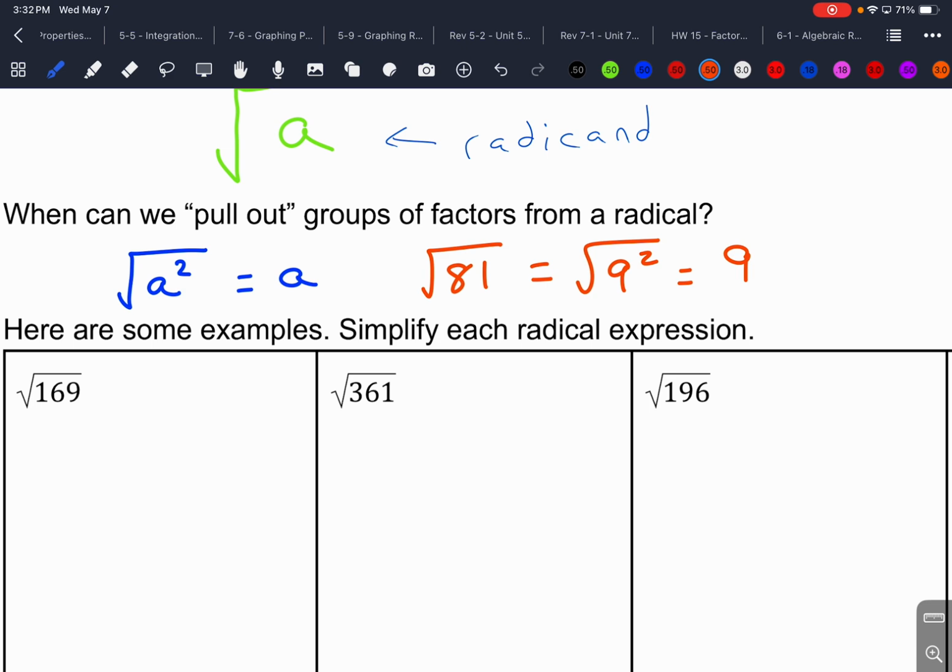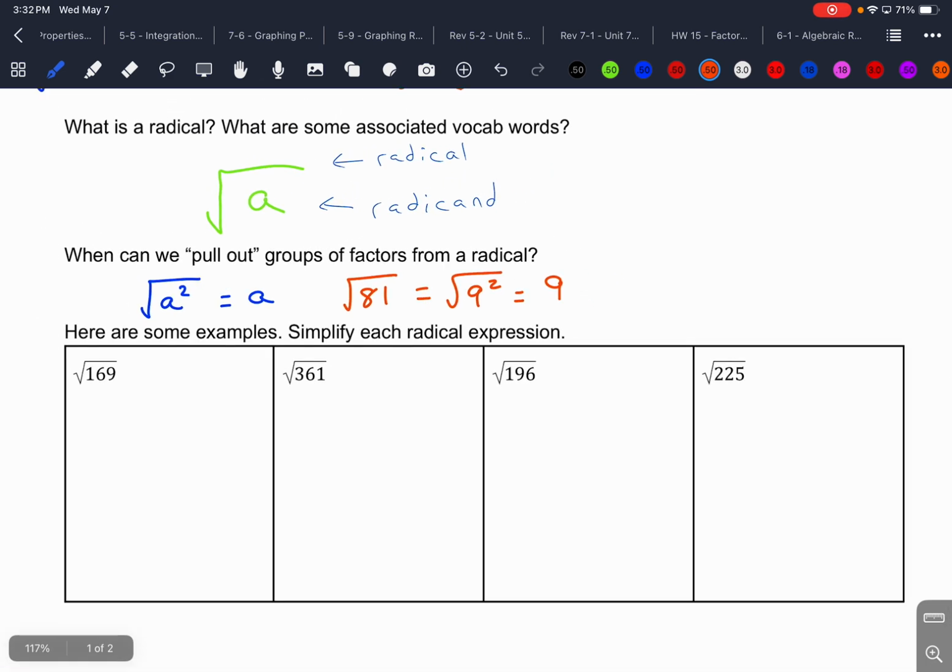So there's this in-between step. Can I just solve 81 to 9? Yes, you can, but it's really important to understand what's going on because it's going to get more complicated. So you have to understand this step so we can build on it, essentially.